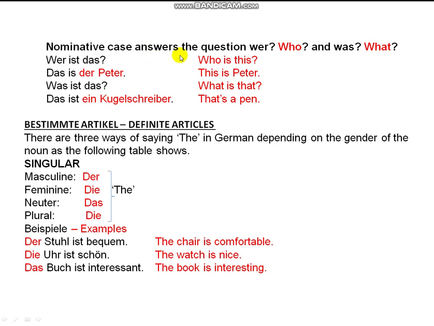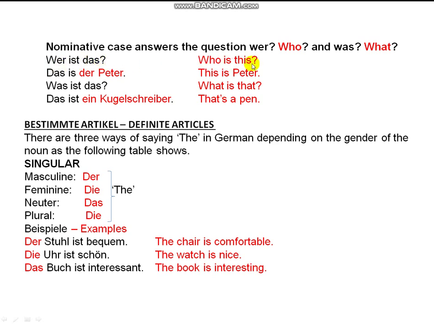Let's continue with the next slide. Number three, nominative case answers the question wer, who, and was, what. For example, zum Beispiel, which in English means for example, wer ist das?